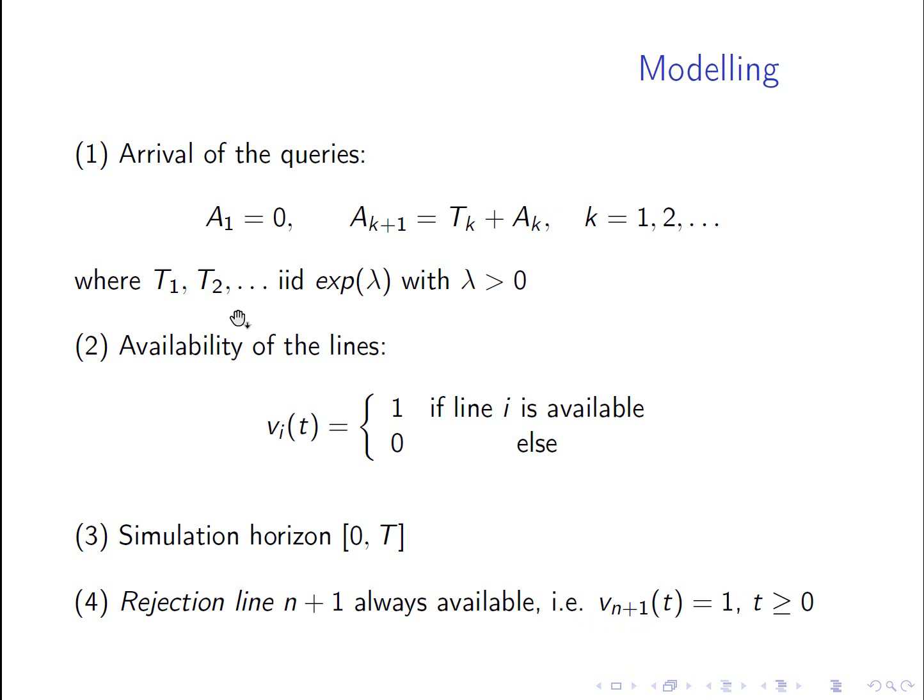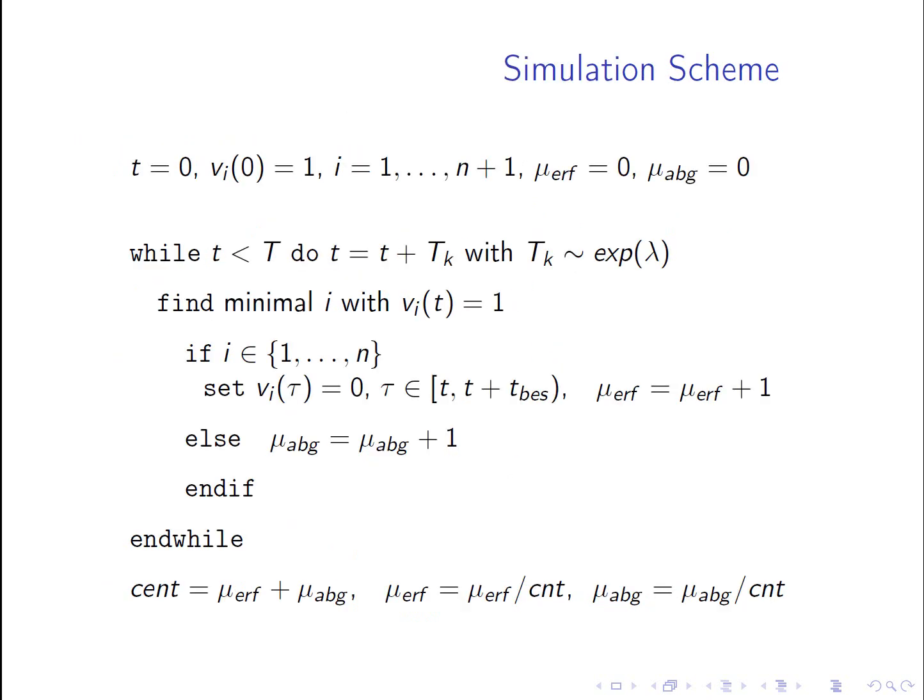Okay, and with this basic modeling, we can directly write a program. So here's the pseudocode or the simulation scheme. We start at 0. At the beginning, all the lines are available. So v_i(0) is equal to 1 for all i from 1 to n+1. And the number of accepted jobs and the number of rejected jobs, jobs means queries, is 0.